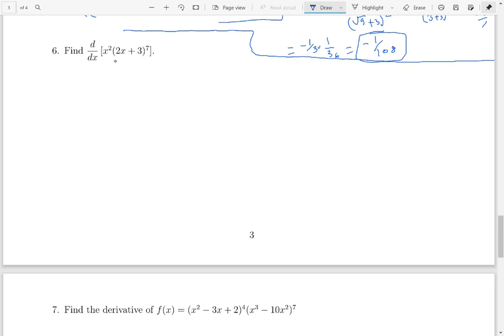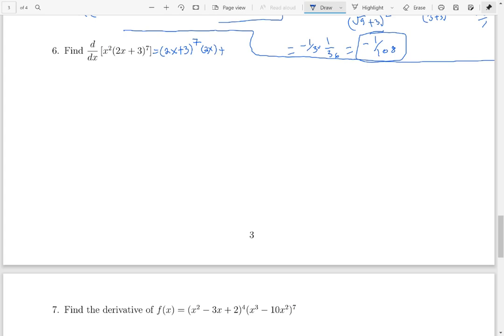This is a chain rule inside a product rule. So, step 1, product rule. Product rule says, second function unchanged, that's going to be 2x plus 3 raised to the 7th power unchanged. Then take the derivative of x squared. The derivative of x squared is 2x.